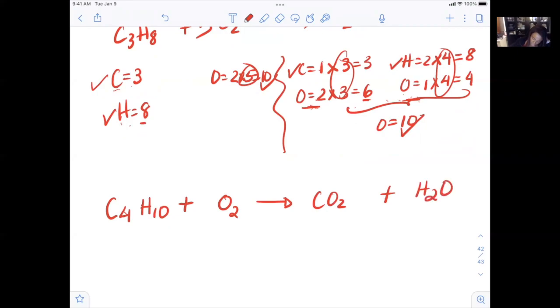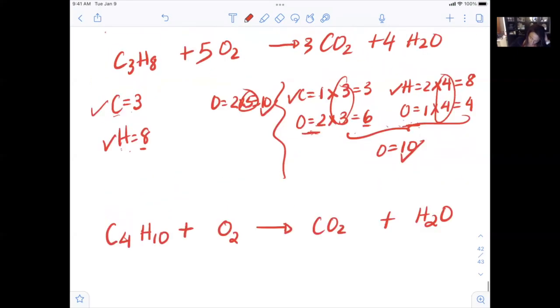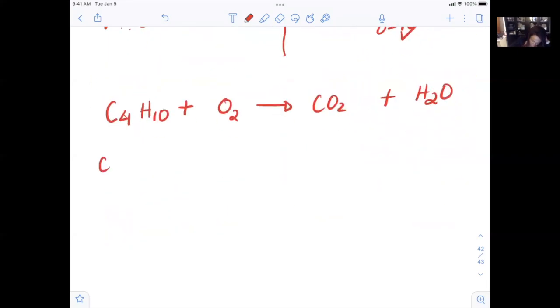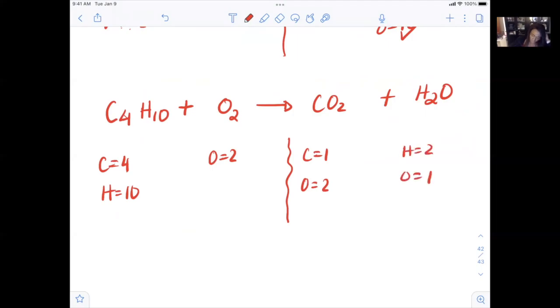Hopefully you're seeing the pattern as I'm writing this out, right? Okay, let's see. Carbon, we have 4. Hydrogen, we have 10. Oxygen, we have 2. We got a separator. Carbon, we have 1. Oxygen, we have 2. Hydrogen, we have 2. Oxygen, we have 1. Okay, we do the oxygen last once again because the oxygen spans over 2 different compounds.